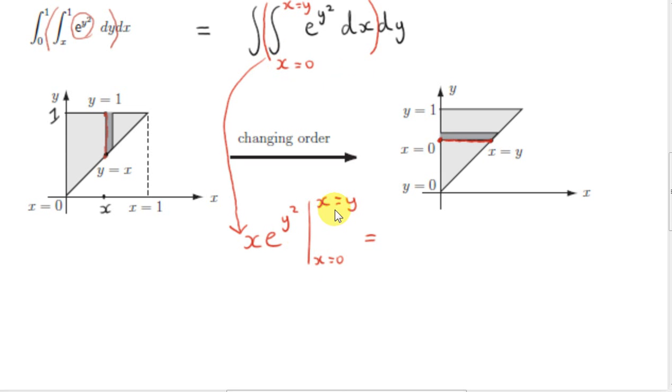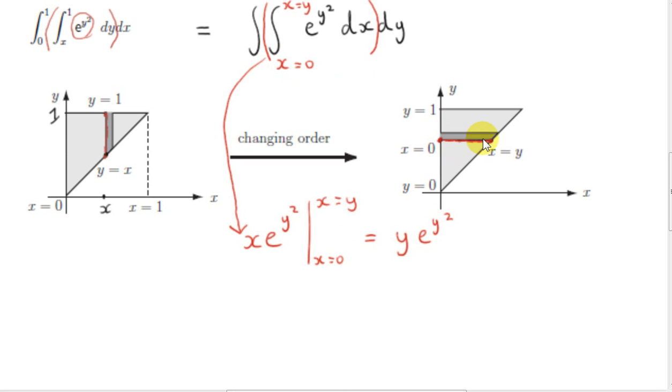Okay, so we plug y in for x, so we get y e to the y squared. Then we have a minus sign and we plug 0 in for x, which just gives us 0. So the inner integral is y e to the y squared. Let's again look at the geometrical interpretation of what's going on.